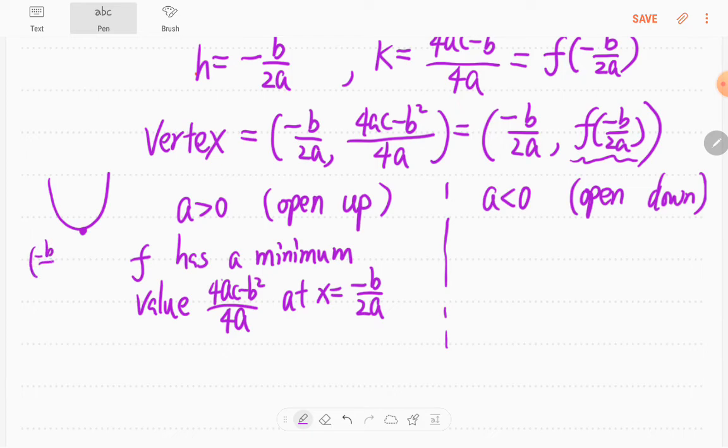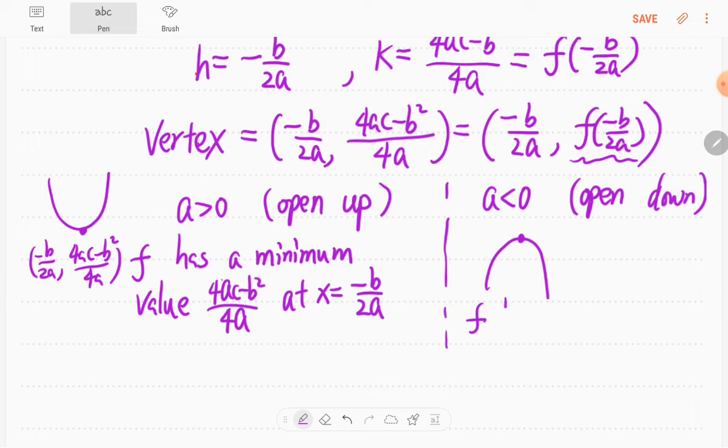So the vertex is negative b over 2a, comma, (4ac minus b squared) over 4a, at x equals negative b over 2a. If it opens down, this vertex gives you a maximum value, right?